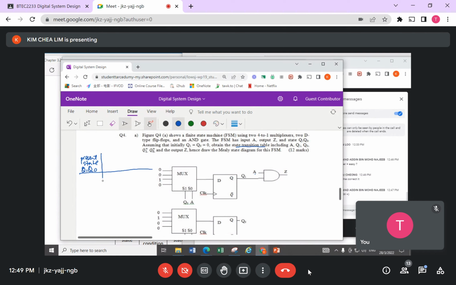And of course I will have my next state. This next state depends on whether A is a 0 or A is a 1. So this next state here will be your Q1 plus.